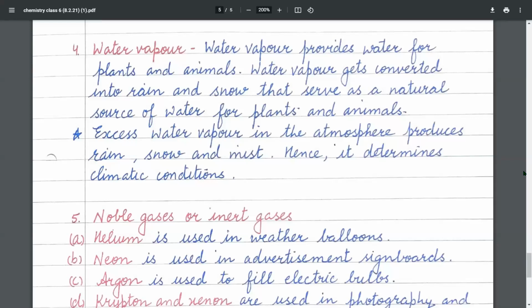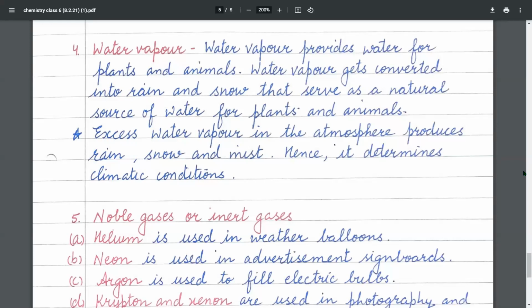Now, the next component of air, that is water vapor. Water vapor provides water for plants and animals. Water vapor gets converted into rain and snow that serve as a natural source of water for plants and animals.